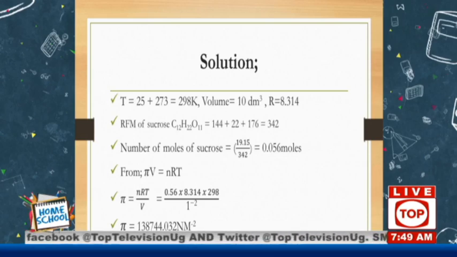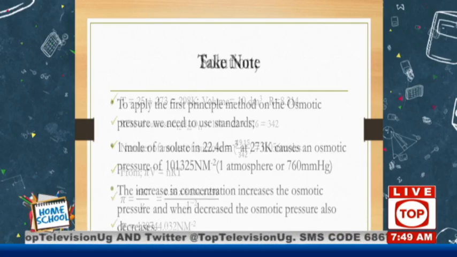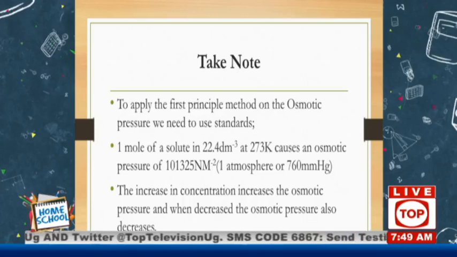On our next slide, for you to be able to apply the first principles, you need to use all the standards. That means you need to use 1 mole of a solute in 22.4 decimeter cubed, okay, at 273 Kelvin, causing osmotic pressure of that one.